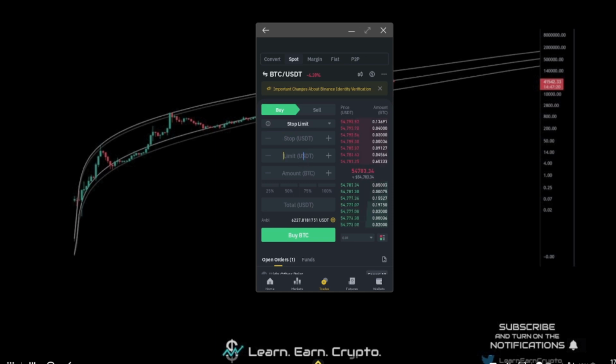Here is an example of a buy order using stop limit for breakout traders. The current Bitcoin price is 54,800, and if you think that there is a resistance at, for example, 56,000, and you want to buy more when the price breaks the resistance, as you think that the price will go higher, you can put the stop price as 56,000.